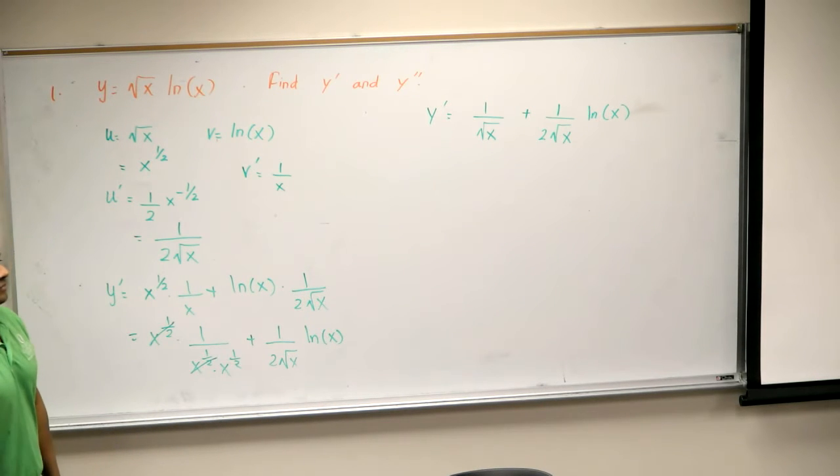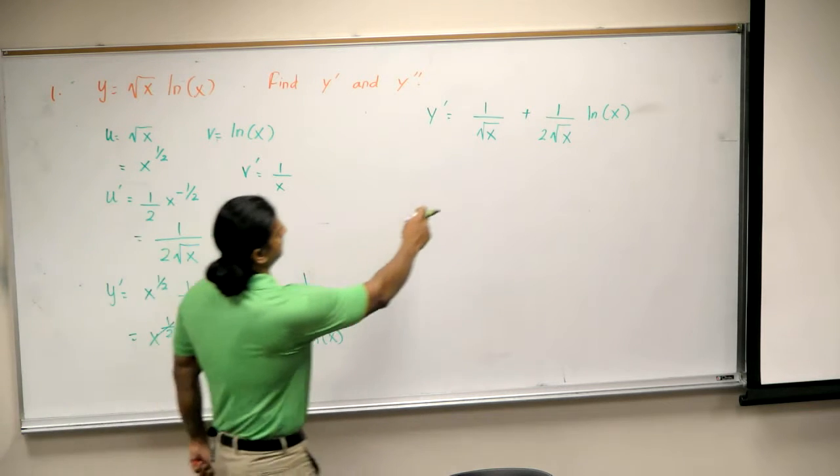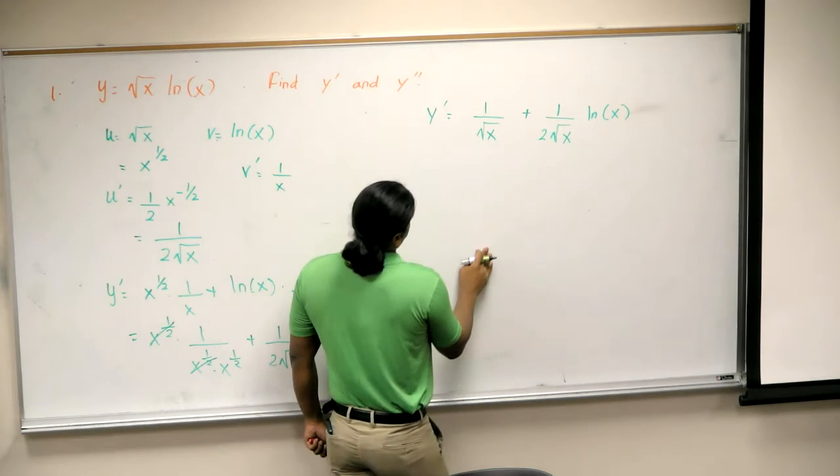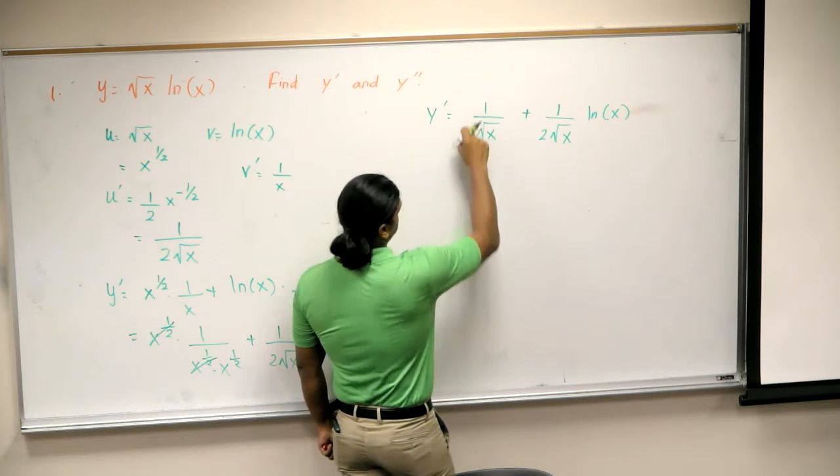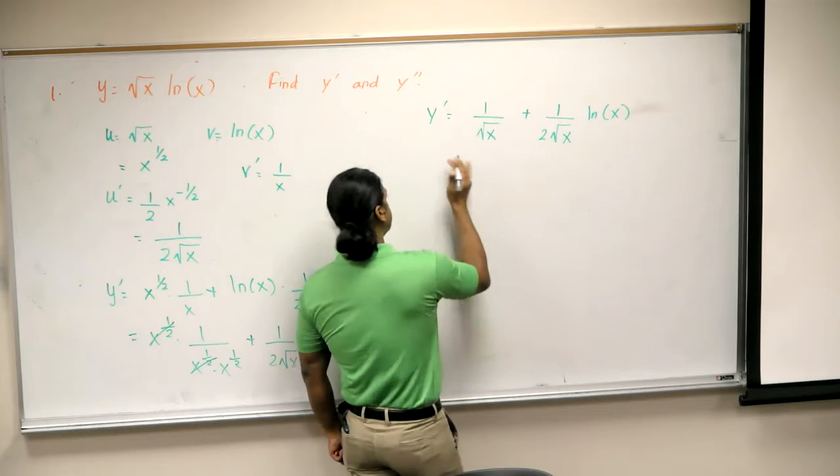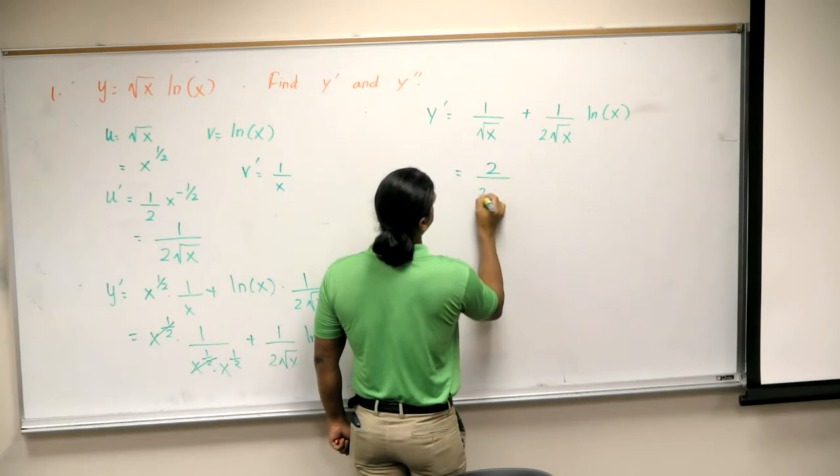Good. What do we have in common? Square root of x. I can take the common denominator and then take 2 square root of x outside.